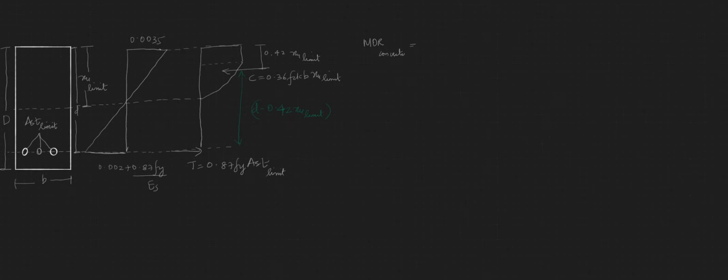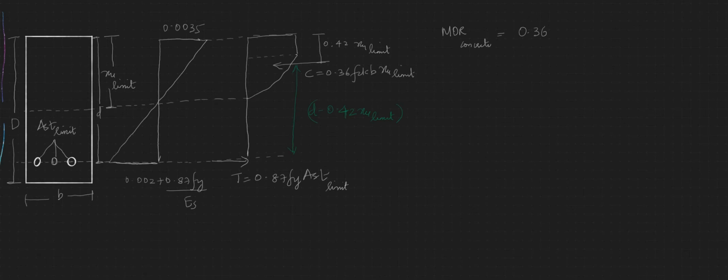So the moment of resistance for a limiting section is equal to 0.36 fck b XU limit into the lever arm, that is D minus 0.42 XU limit.